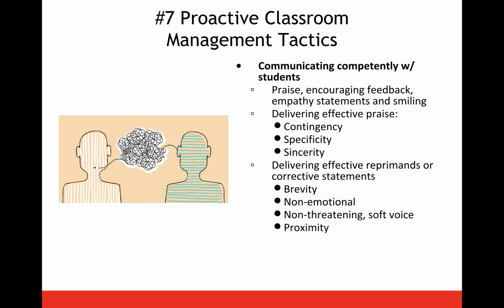I think with younger kids, we're often more inclined to put a hand on the shoulder or probably engage in a little bit more touch. But for students who have experienced trauma or for students who have emotional behavioral disorders, you want to engage in proximity that is appropriate but not too close. So you need to gauge that based on each student.